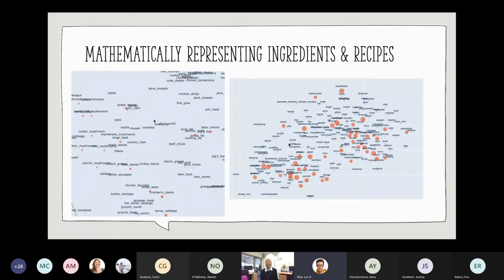However, if we want to consider different types of nodes in the same network, for example, embedding these ingredients, in other words converting them into vectors, not only considering their co-occurrence among recipes in the same data set, but also the number of, let's say, flavor molecules that they share, we have to consider a different embedding. An embedding that is able to take as input a graph with different types of nodes.